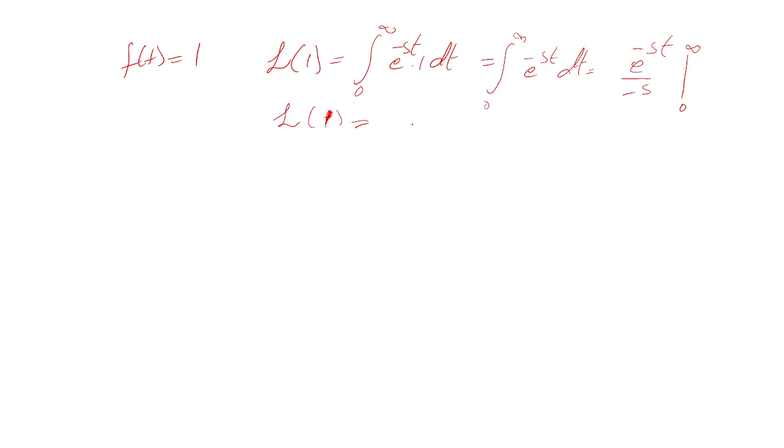When I put infinity, I get 0, and minus, if I put 0, then the exponential of 0 is 1, divided by minus s, and I get 1 over s. So the Laplace transform of 1 is 1 over s.